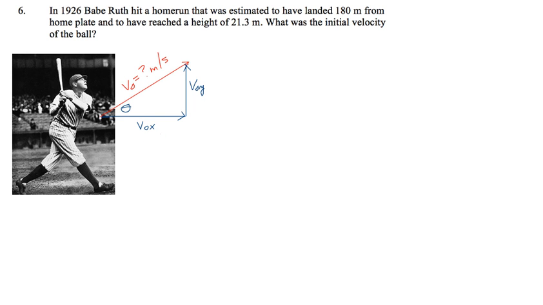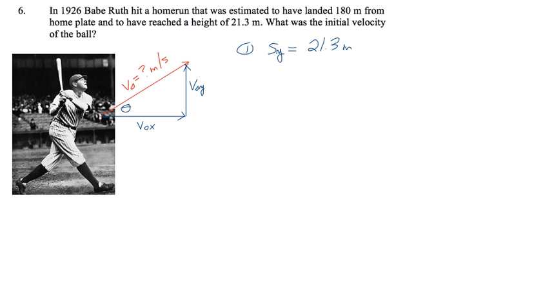So now I want to figure out what I should solve first. Looking at this problem and the numbers that I have, I'm going to use my y facts. Usually the y facts are what you use first because most of the time I can get the time from the y facts. So if I list my y facts in this problem, I know that the displacement in the y direction at some point is going to be 21.3 meters.